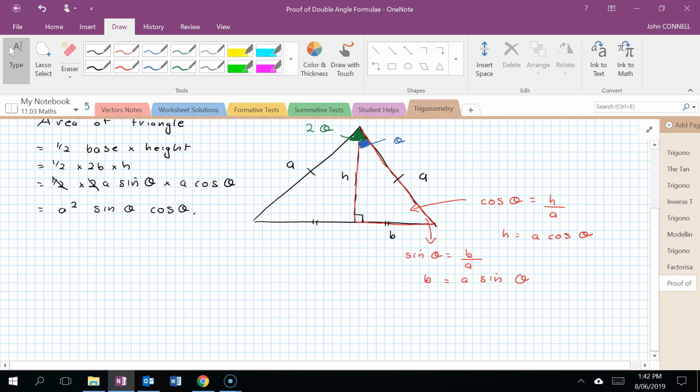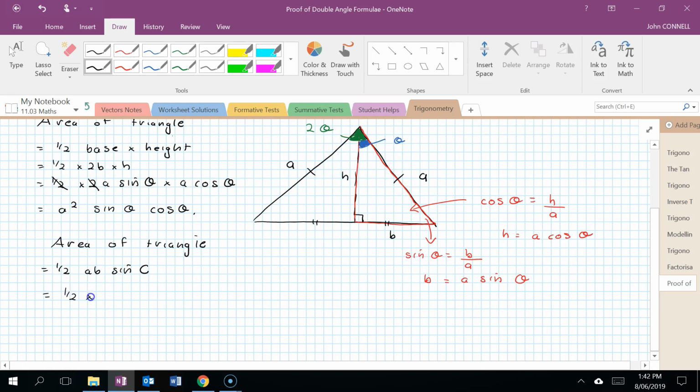Okay, but we also know that the area of a triangle is a half AB sine C, where A and B are two sides of the triangle and C is the angle in between. So if I take my two sides as this A and this A, the two equal sides, then the angle in between is 2 theta.